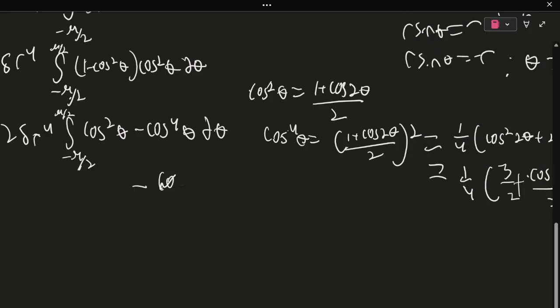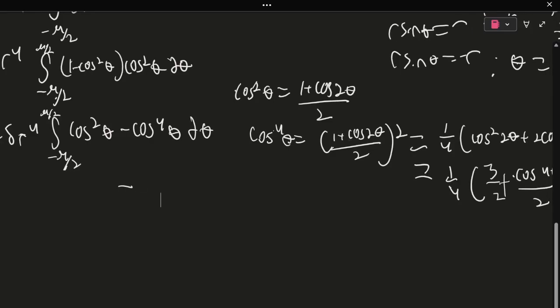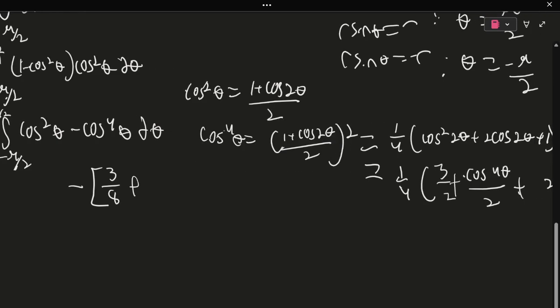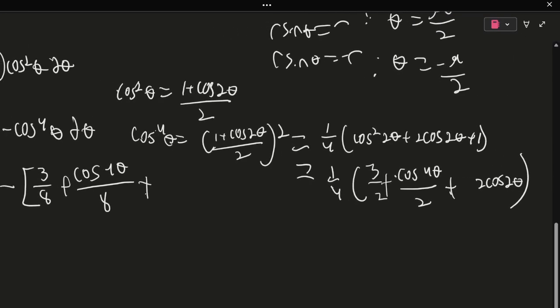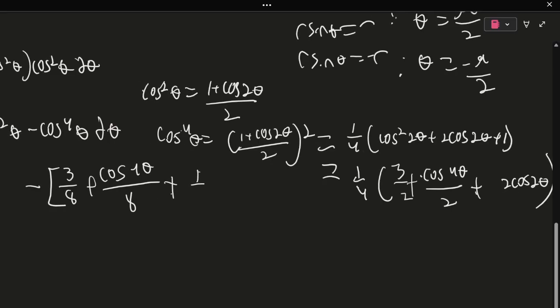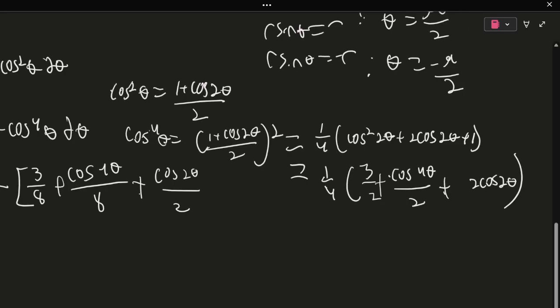Cosine, or sorry, we'll have minus 3/8 plus cosine 4 theta over 8 plus cosine 2 theta all over 2.